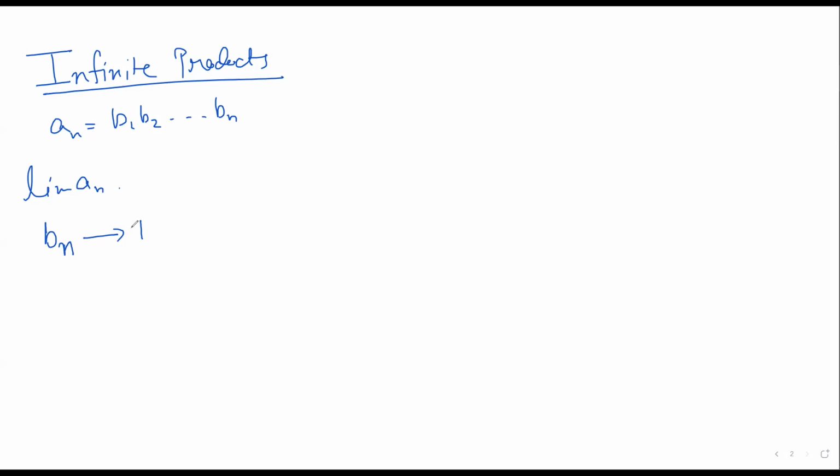Or we can take the limit of an plus 1 over an, and if the limit exists, then bn tends to 1. It can be reduced to the situation of summation. But what other conditions can we give? What sufficient conditions can we give? We are looking for some sufficient conditions.